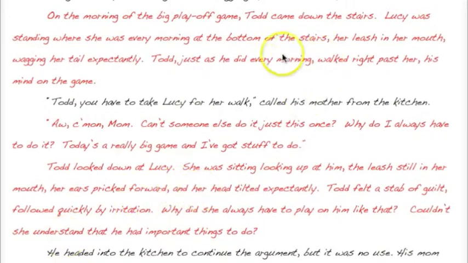So that's an action. That's something that he does, and it shows you right there that he's all wrapped up in himself. There's his poor dog sitting there waiting for him to take her for the walk with her leash in her mouth. How adorable, and he just walks right past her. It doesn't say anything here about, "And Todd, who was very selfish and self-involved." I didn't say it, I showed it.